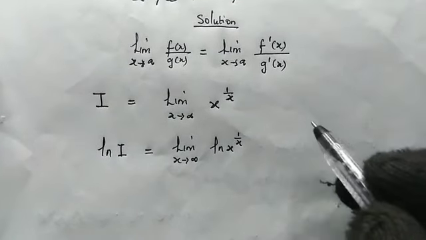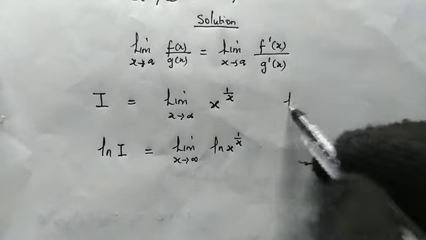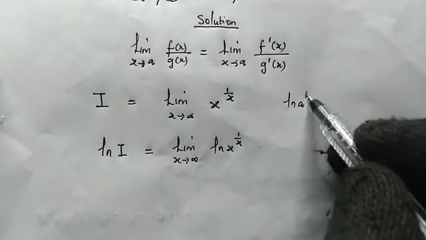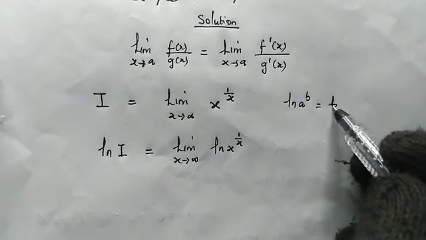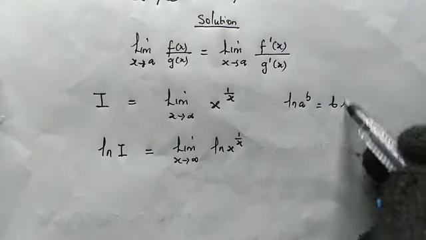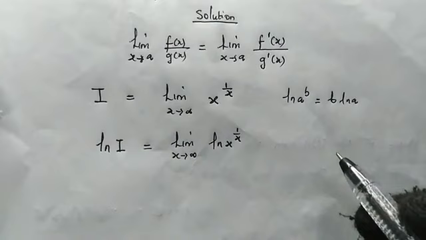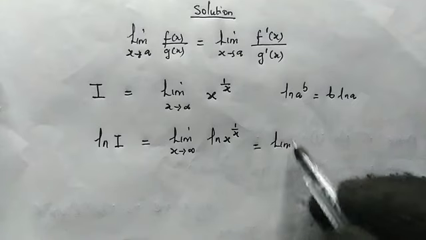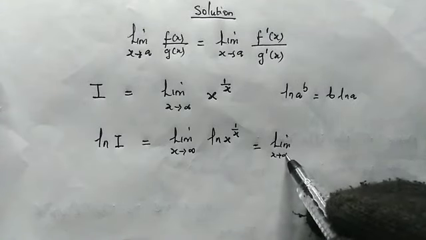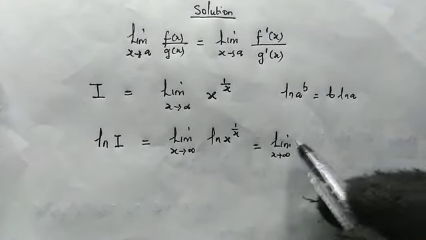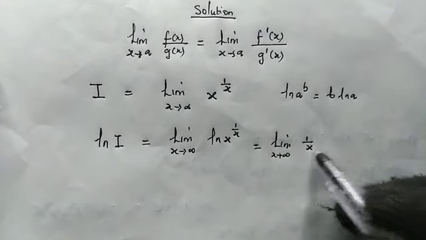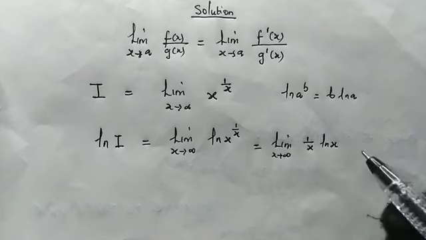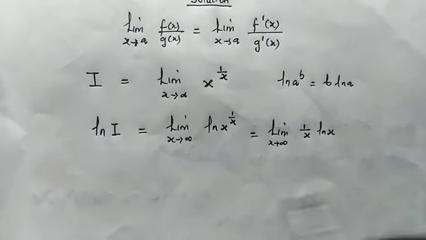With the property of natural logarithm, the natural log of a to the power of b is the same as b, the power of a, multiplied by the natural log of a. So from here we have the limit as x approaches infinity of the power of x, that is 1 over x, multiplied by the natural log of x.